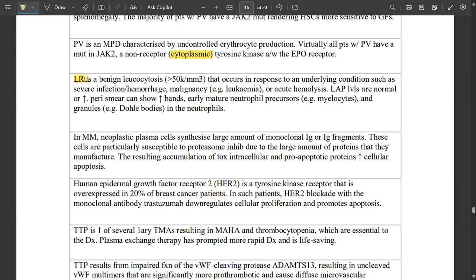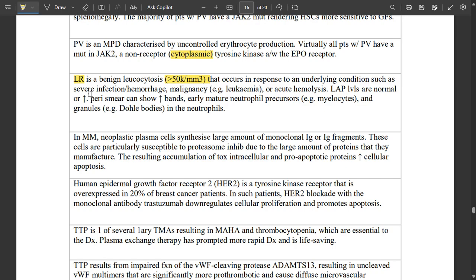So LR means leukemoid reaction, which is a benign leukocytosis. Malignant leukocytosis means the WBC count reaches a very unprecedented level, but during a leukemoid reaction there is a milder increase in WBC, more than 50,000, in response to underlying conditions such as severe infection, severe hemorrhage, malignancy, leukemia, or acute hemolysis.